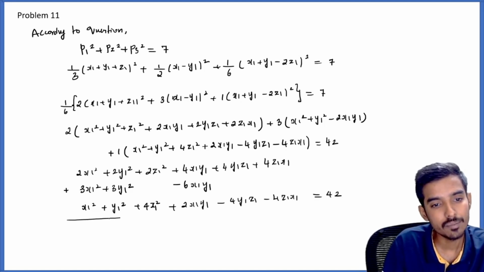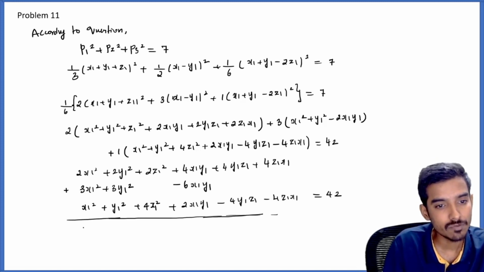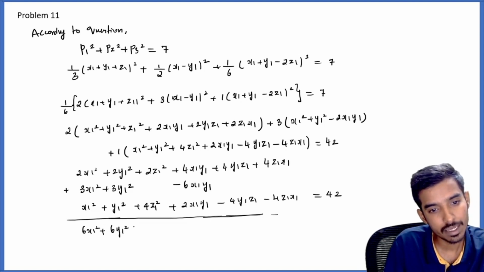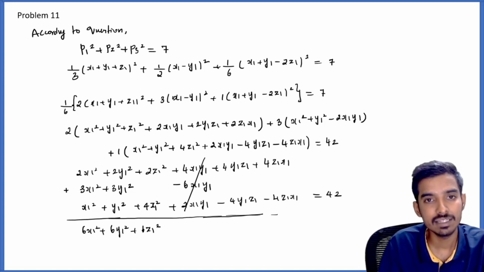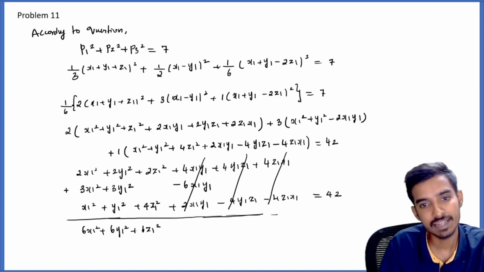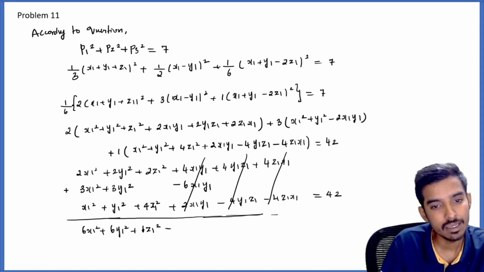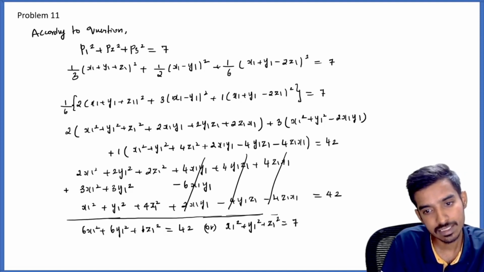Now when you add it up, 2 plus 3 plus 1, it will be 6x1 square, 6y1 square, 6z1 square. The cross terms get cancelled, right? 4 minus 6 is minus 2, minus 2 plus 2 is 0. And these get cancelled because of opposite signs. So it is equal to 42, or we divide this by 6: x1 square plus y1 square plus z1 square is equal to 7, right?